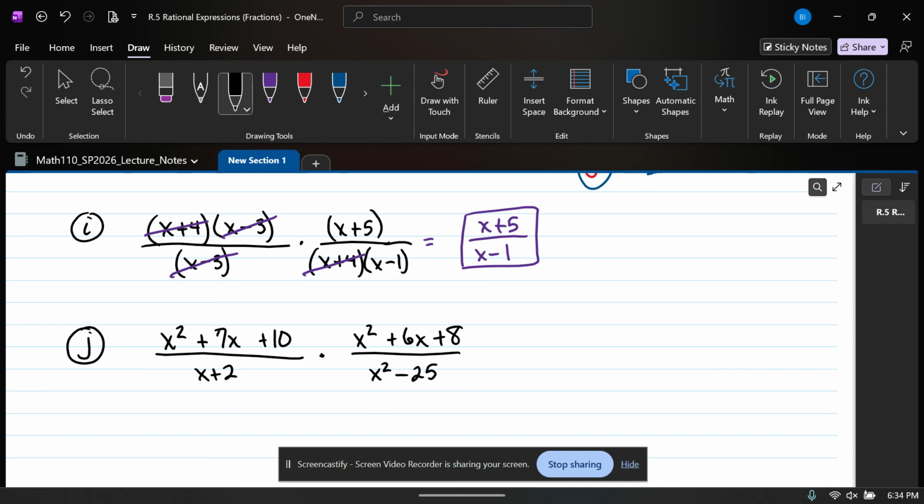So a lot of factoring to do on this one. I'm going to try to factor everything that can be.